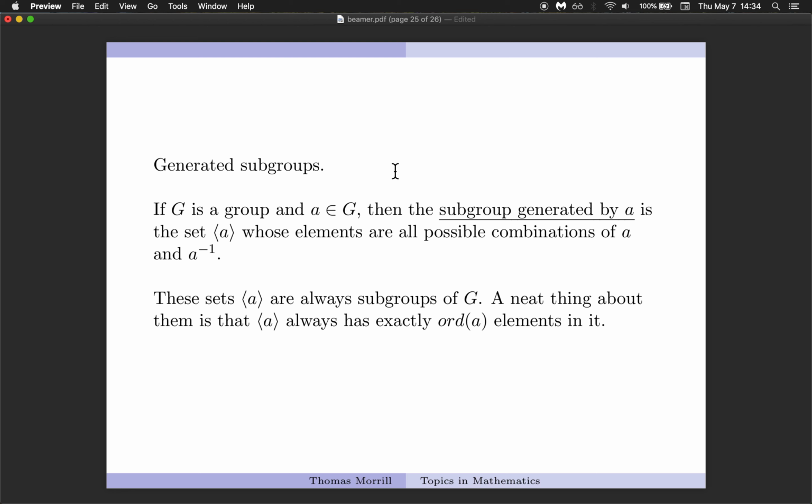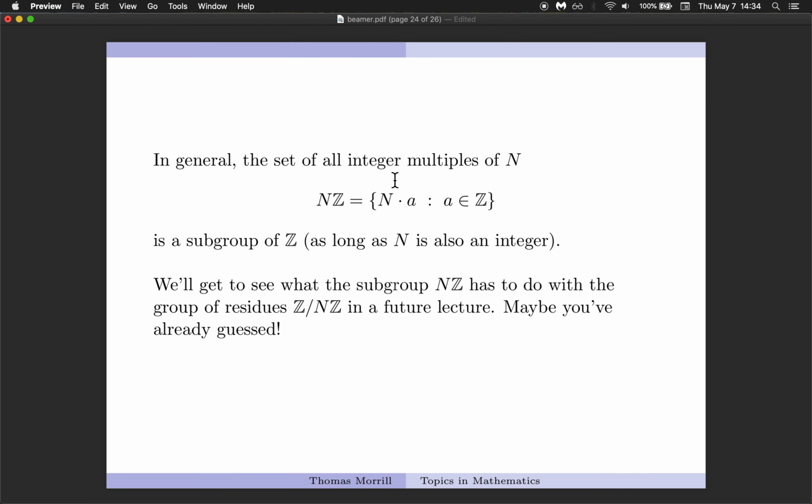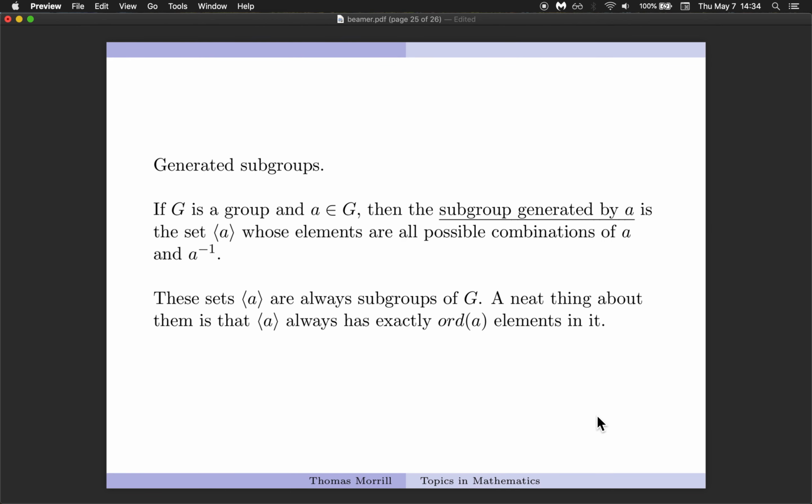But in general, this gives us another example of subgroups. So what is 2Z, right? That's all combinations of the integer 2 and the integer minus 2. So 2Z is one of these generated subgroups. And so is 3Z, and so is 4Z, and so is 5Z. You can do that in any group that you want with any element that you want.